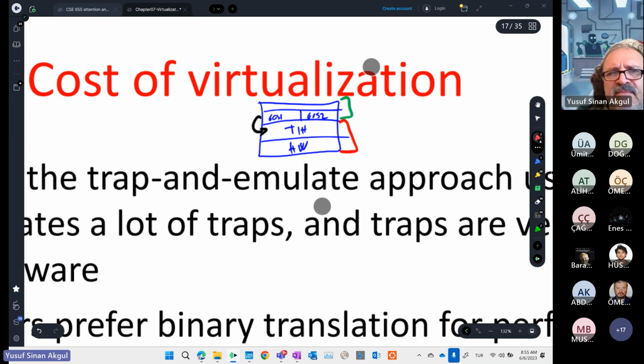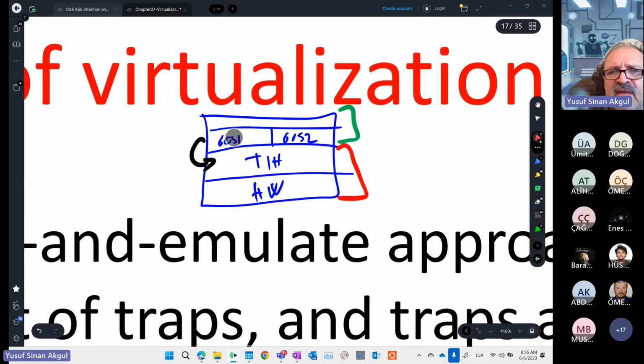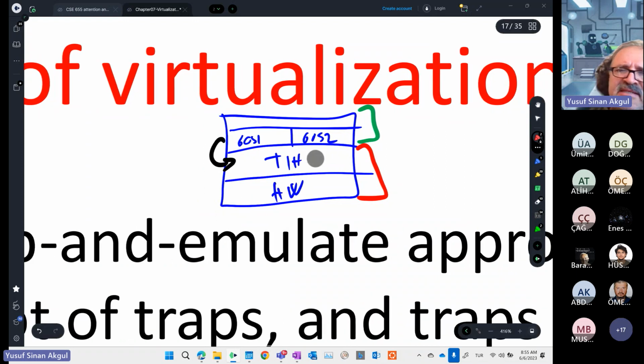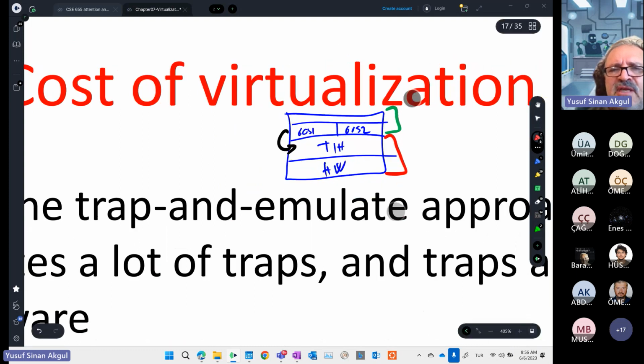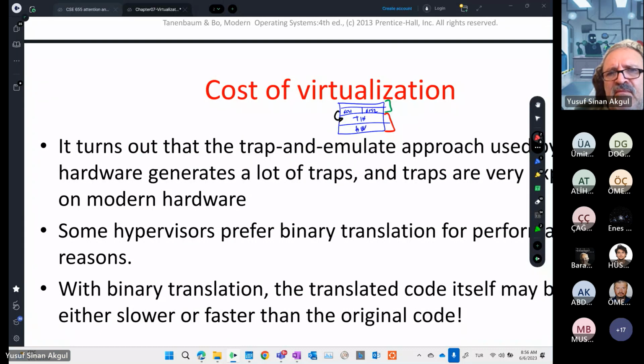Whenever the guest operating system causes a trap, the Type 1 hypervisor handles it, and the guest continues. It sounds okay. But trapping is expensive. Why? Because the hardware has to stop everything. It's an interrupt, right? We know that interrupts are expensive because they cause a context switch and that kind of stuff.